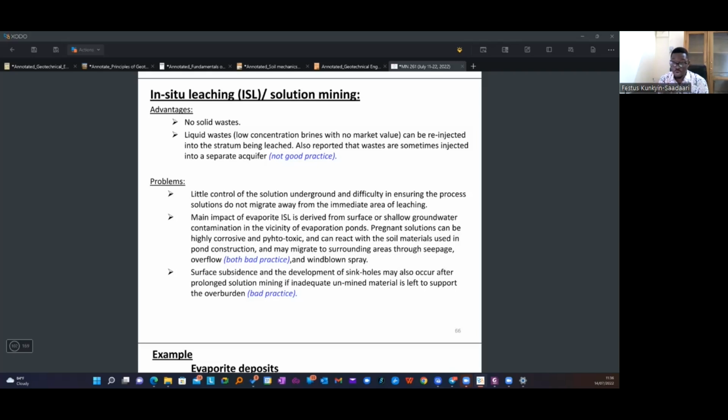So it's very corrosive. Pregnant solutions can be highly corrosive and phytotoxic and can react with soil materials used in pond construction and may migrate to surrounding areas.